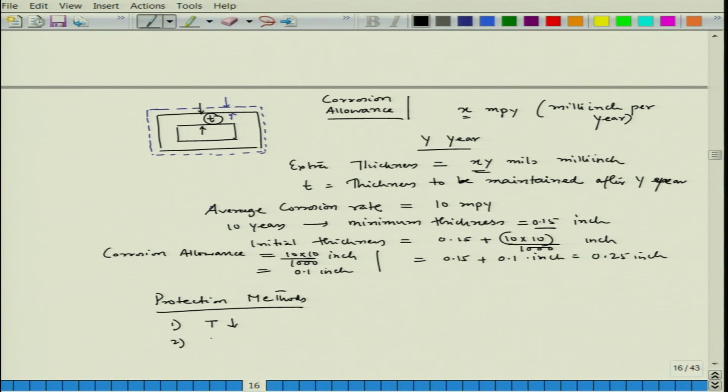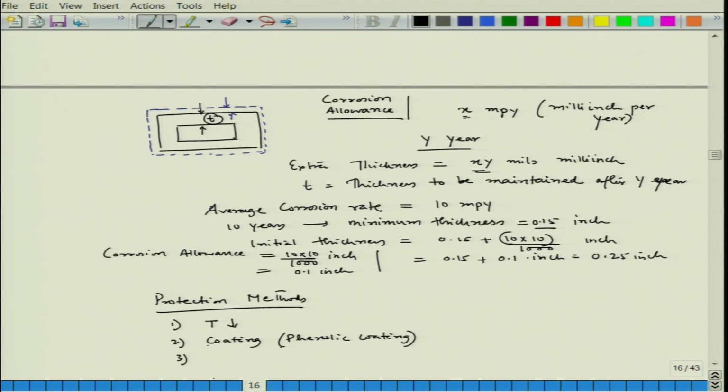One can use coating, let us say phenolic coating. We have a fantastic case study with this phenolic coating, we will talk about it when we discuss galvanic corrosion.